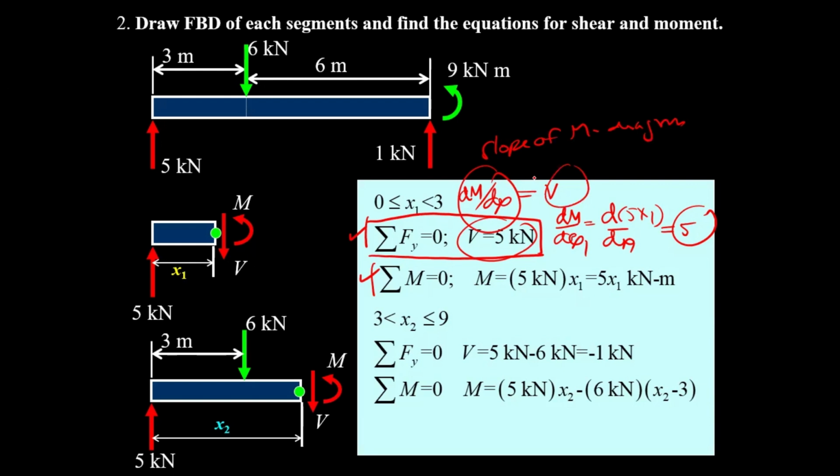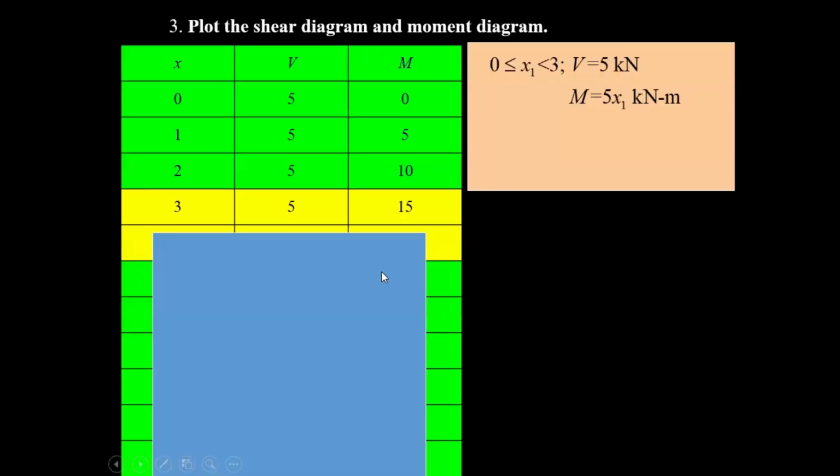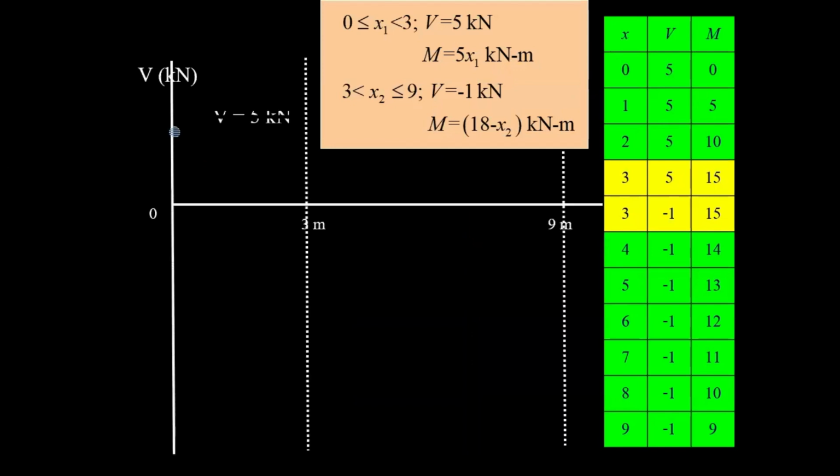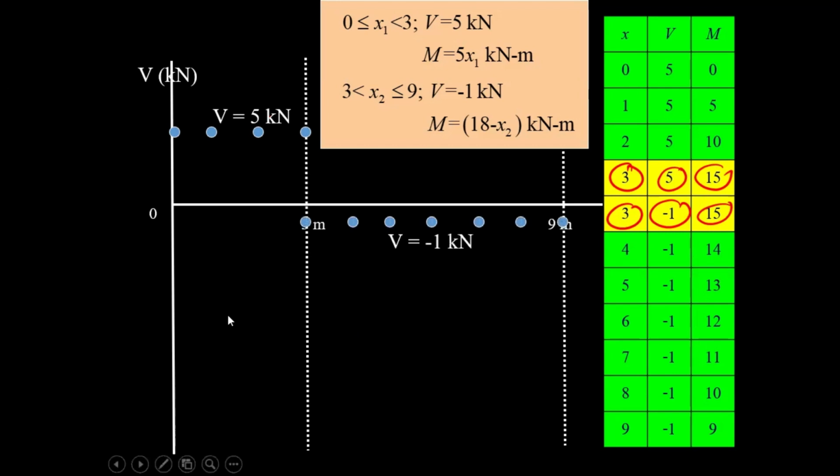This is the slope of the M diagram, equal to the shear force. You draw the moment diagram and take a look at the shear force. Following what we did, you have to draw the table correctly. For this example, the point at 3 meters is subjected to the force of 6, so this is 5 and this is -1.